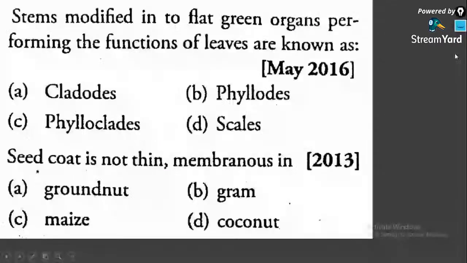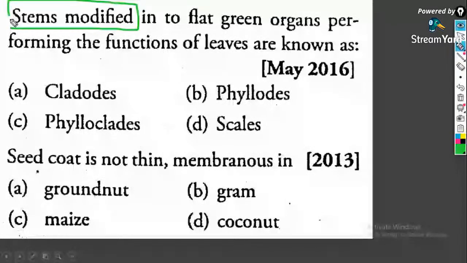Next question. Stems modified into flat green organs performing the function of leaves are known as... So they are asking you the modification of stem performing photosynthesis. It's a kind of stem modification, but it is converted into flat green organs, which perform the function of leaves, right?